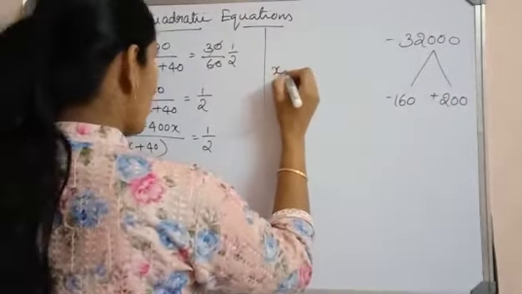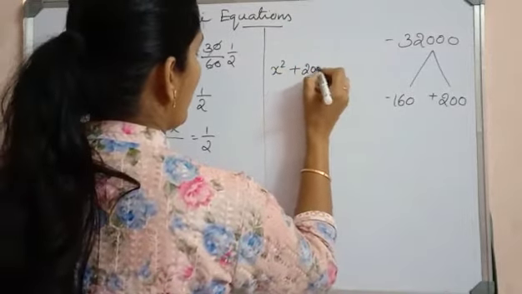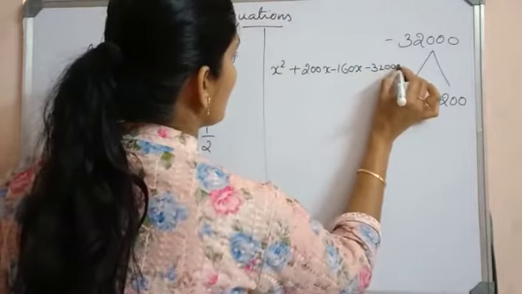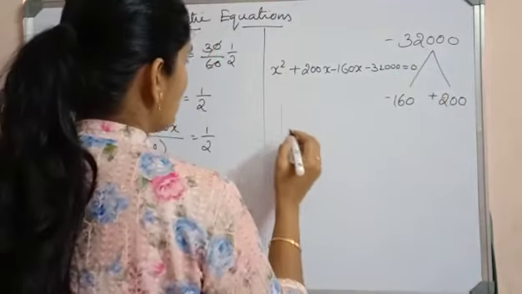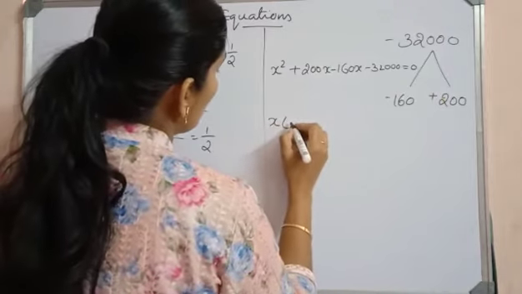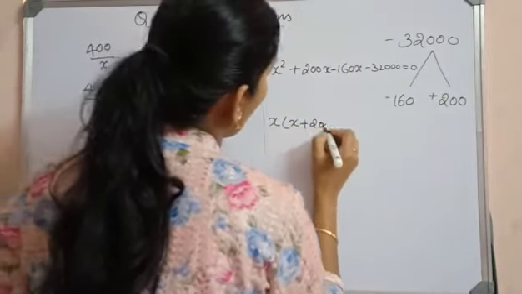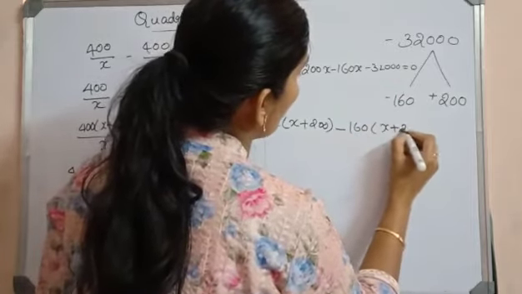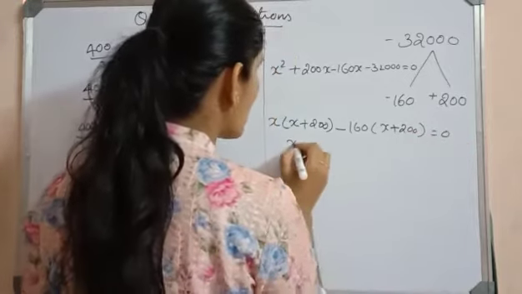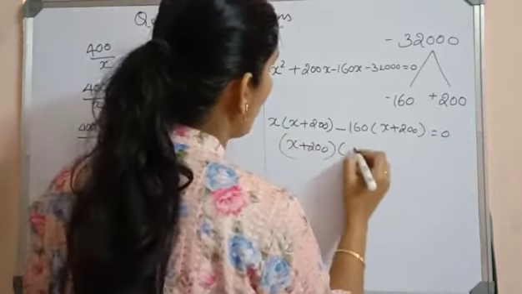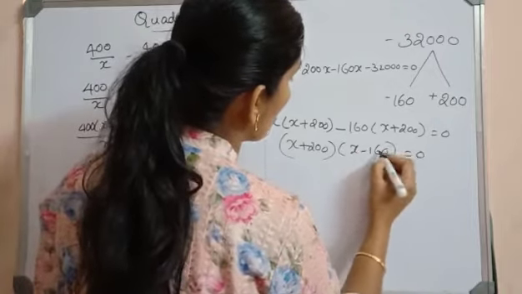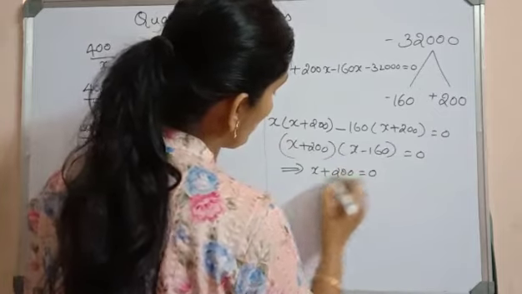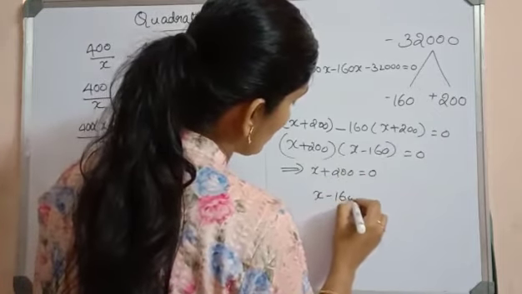So the equation changes to x square plus 200x minus 160x minus 32,000 is equal to 0, or x into x plus 200 minus 160 into x plus 200 is equal to 0, or x plus 200 into x minus 160 is equal to 0. This implies x plus 200 is equal to 0, or x minus 160 is equal to 0.